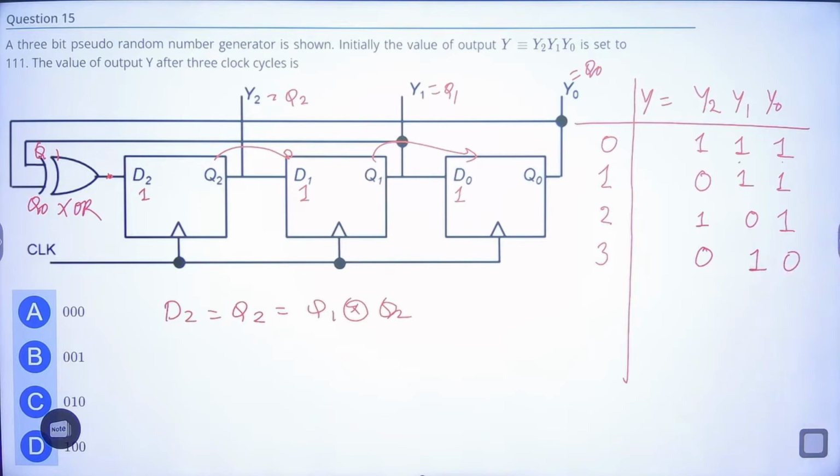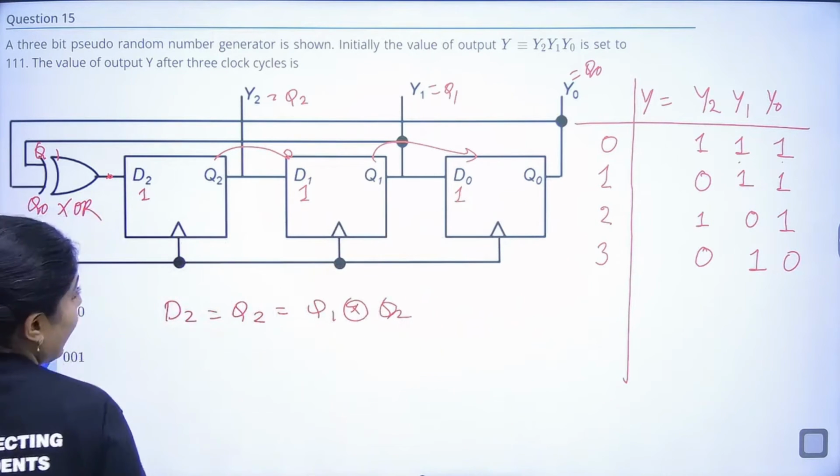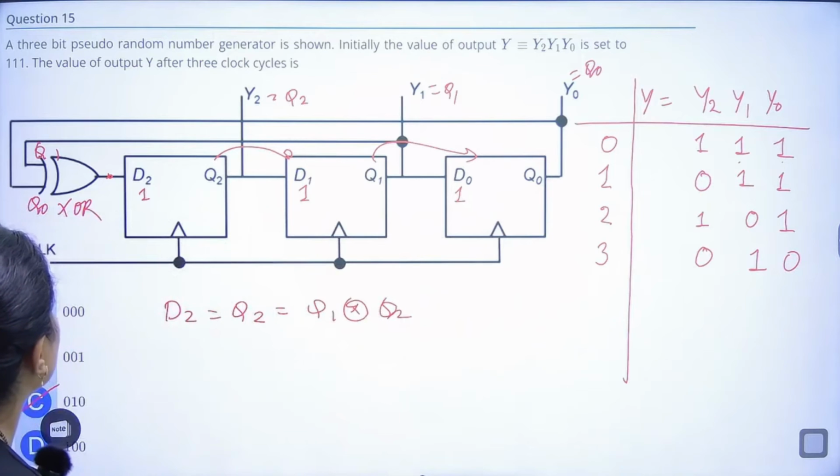Right? So this will be the value after 3 clock cycles.